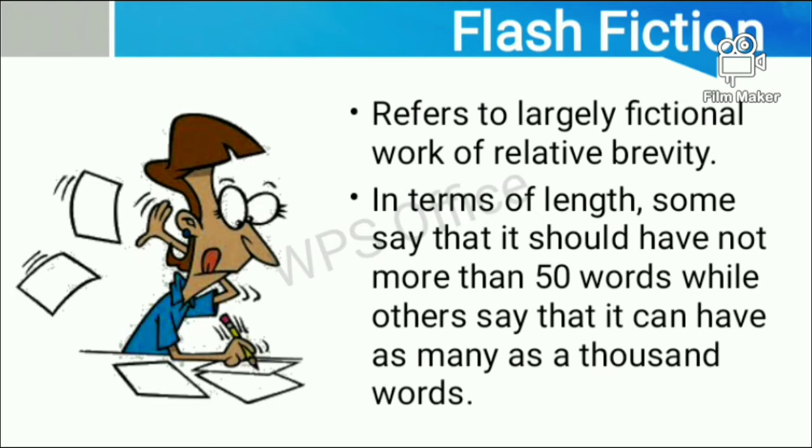So it depends on who is giving the definition of a flash fiction. So flash fiction is a type of fiction that is characterized by being short, typically consisting of only a few hundred words. Okay, so those are the basic characteristic or description of a flash fiction.